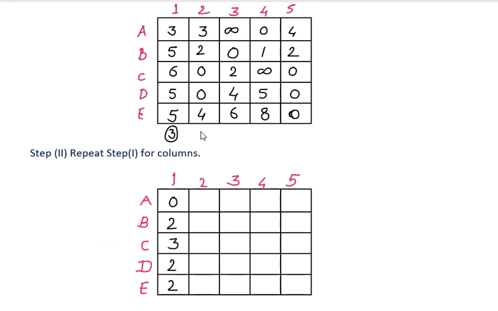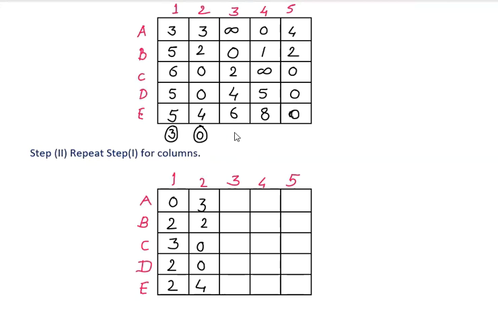Now in the second column, the smallest number is 0. Subtracting 0 will not change the elements of the second column. So we get 3, 2, 0, 0, 4.